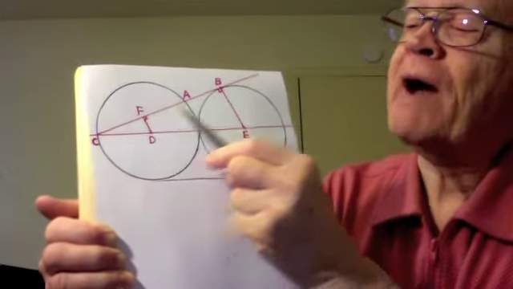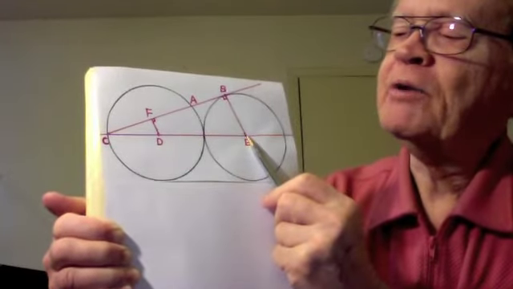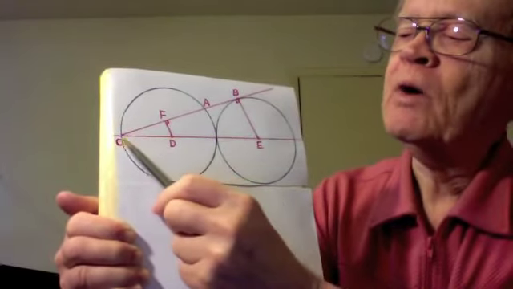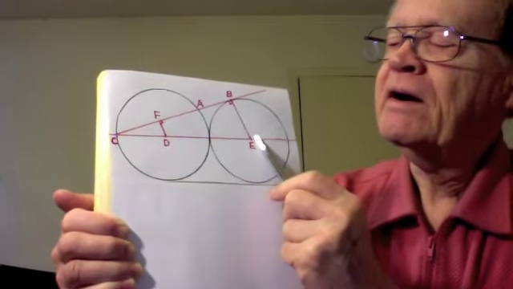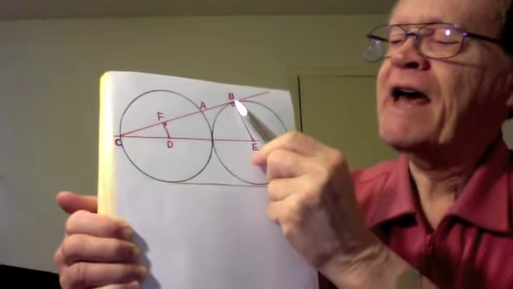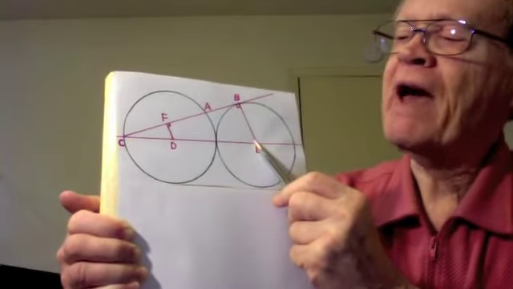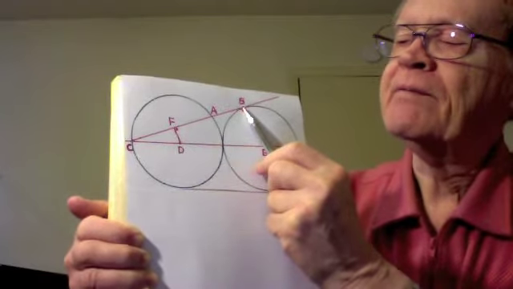Now consider right triangle CBE. CE is the hypotenuse. Its length is 3 radii, each with length 1, so the length of the hypotenuse is 3. The length of this leg is 1 radius, which is 1. And we can use the Pythagorean equation to find the length of the other leg, CB.